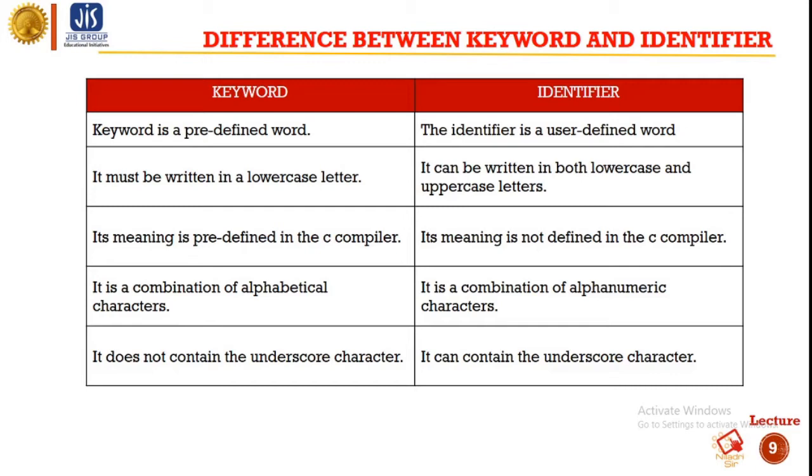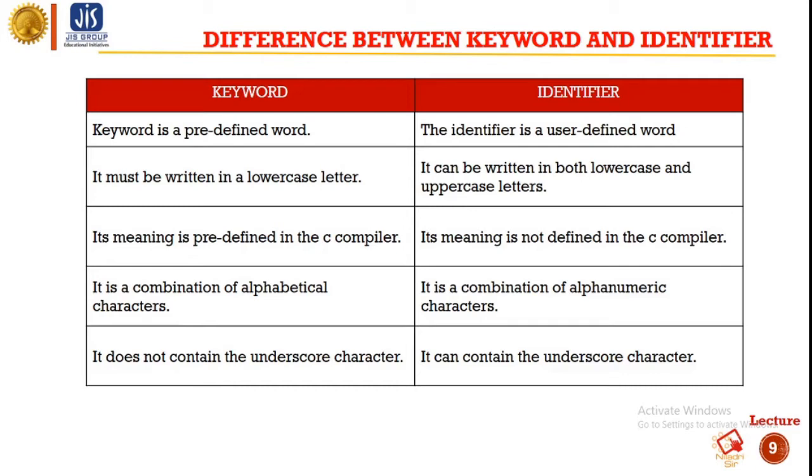We basically use them, or you can say the user uses them. Suppose I am writing int a. A is a variable name, or a is an identifier. So when we write int a, the identifier a becomes a variable which can store an integer value.